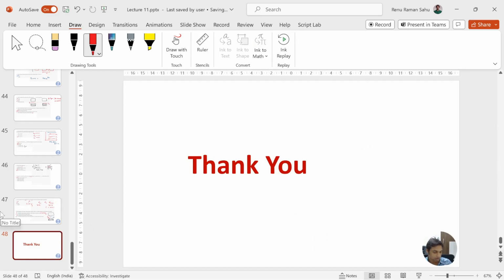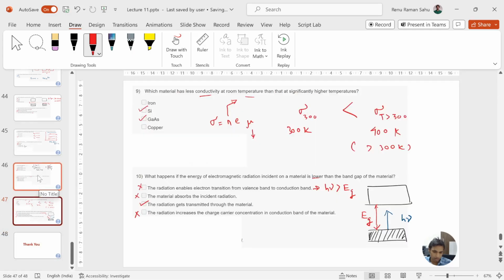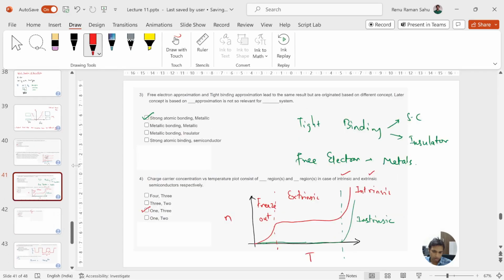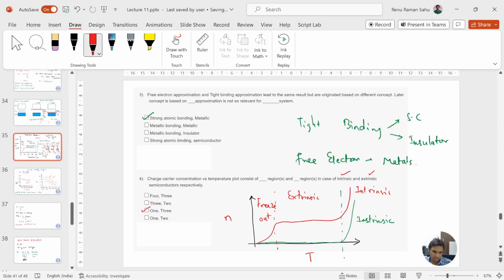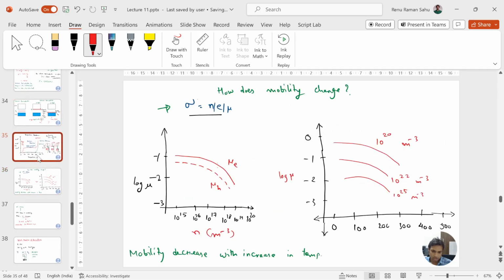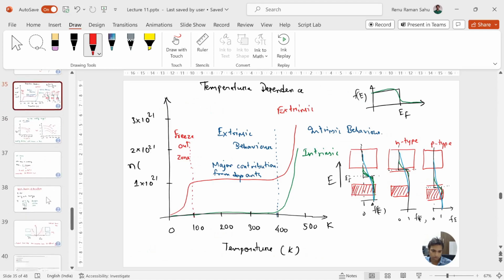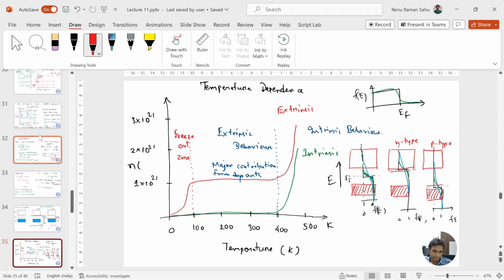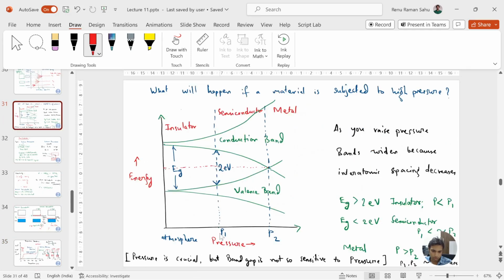Yeah, sure. In the band structure we did right now, we had P1, P2, P3 in the pressure diagram you just did, the previous one. When P1 is less and P2 is more, then the insulator is at P1, correct?